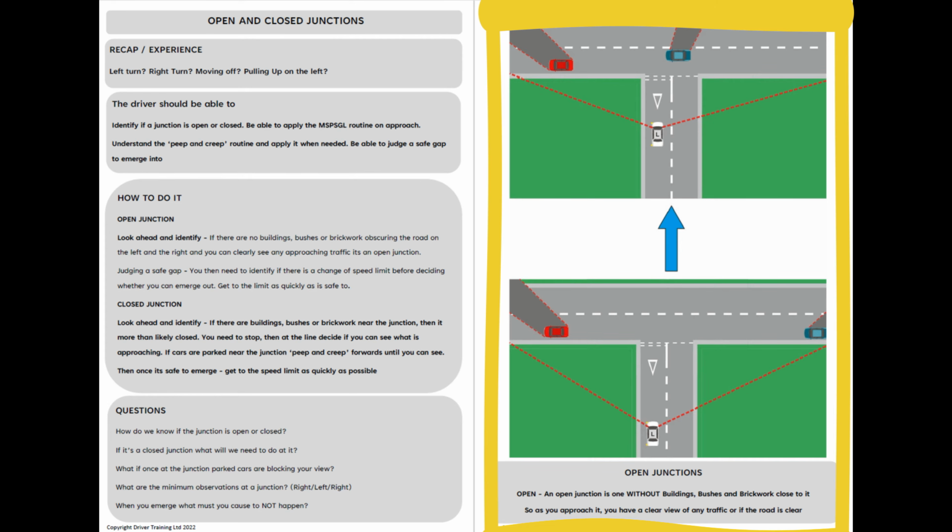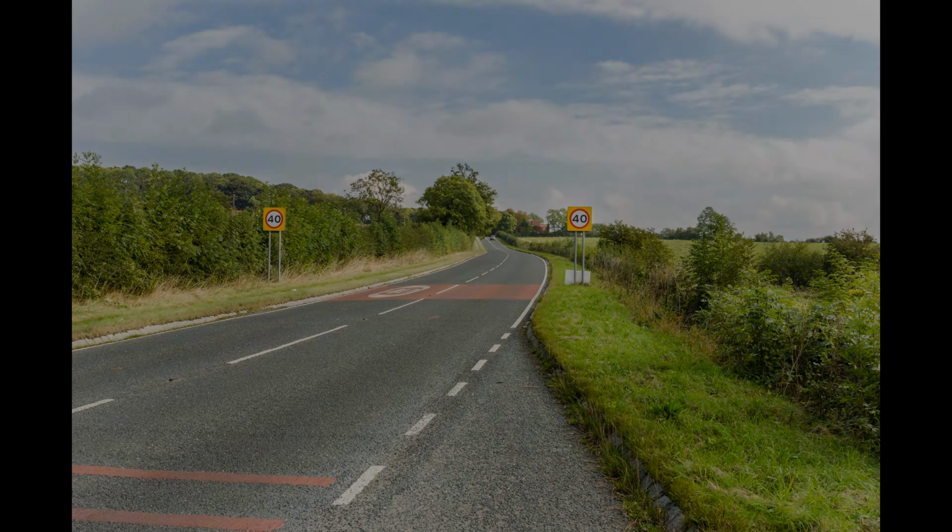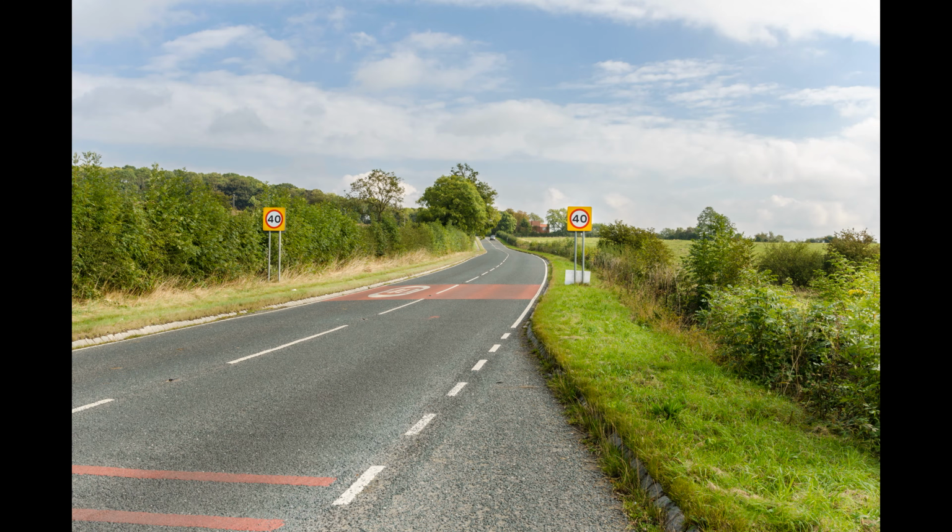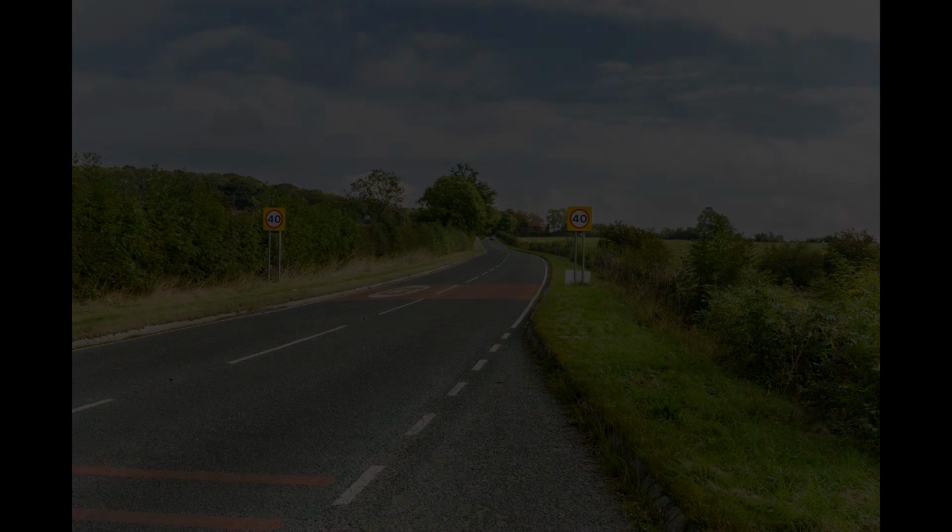So in the top picture, we know as soon as that blue car's gone past, we're okay to carry on. And if you've got a chance of showing your pupil an open junction, pull up by it and let them see how you can see clearly on approach whether it is safe to go or not.